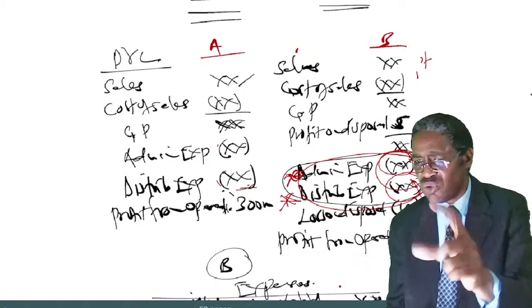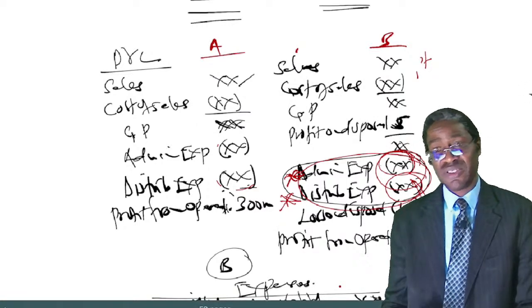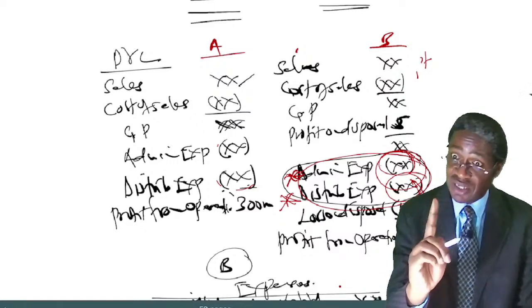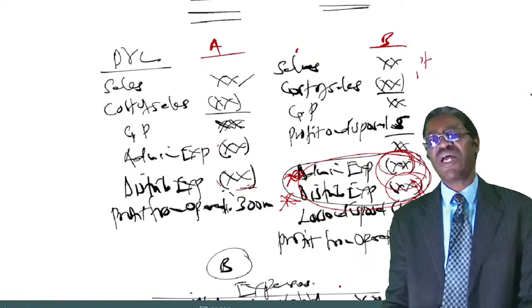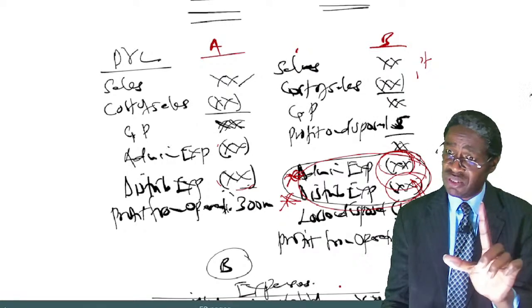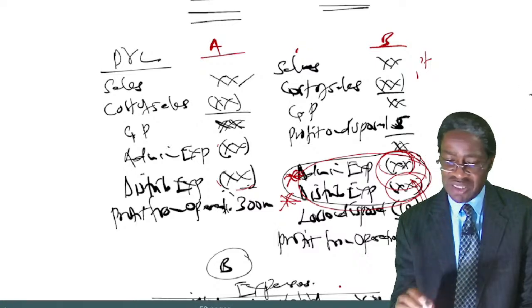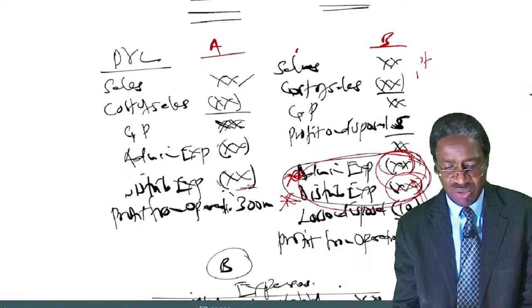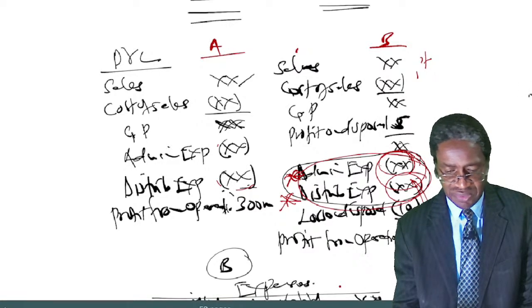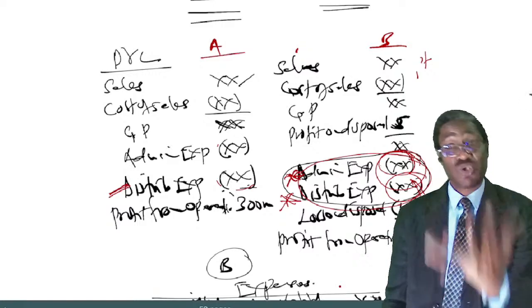Listen carefully. For accountant A, if we sold a motor vehicle and made a loss on disposal of 10 million, then accountant number A must have considered it as a distribution expense.